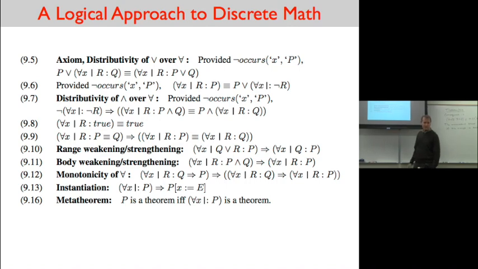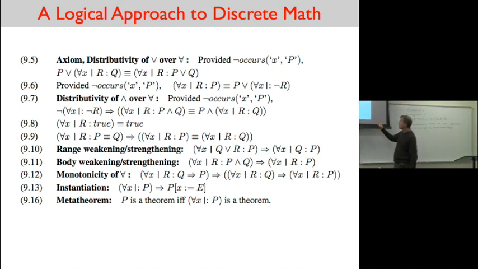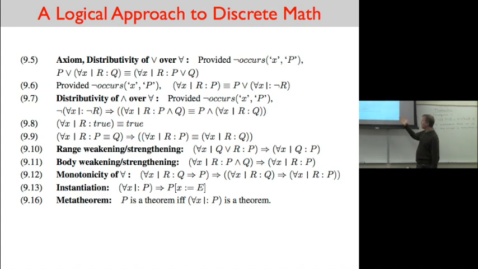Of course, yeah. So how do you do textual substitution? Well, it's 9.5 with R replaced by true. Oh, because normally the textual substitution is just a variable. Expression replaced by true. Oh, that's right. You have a good point there.